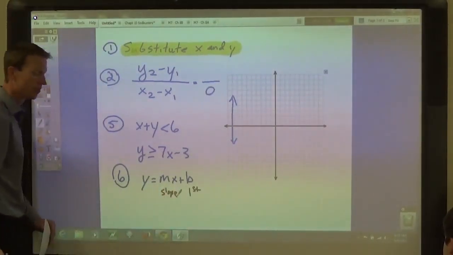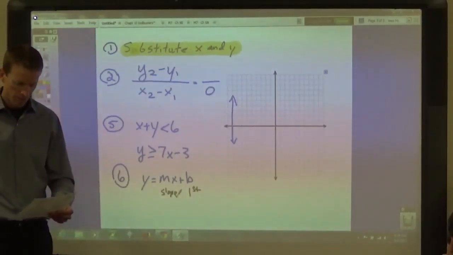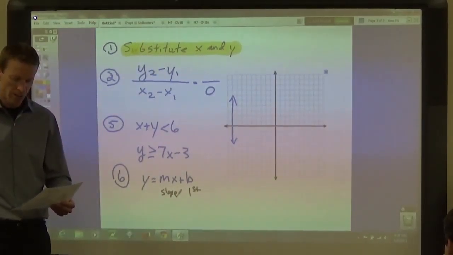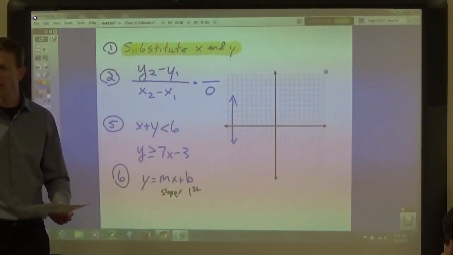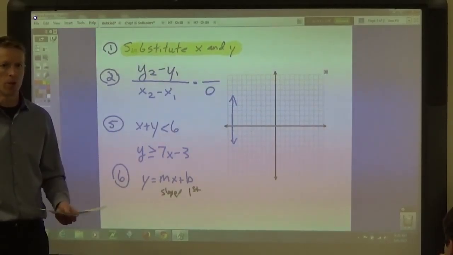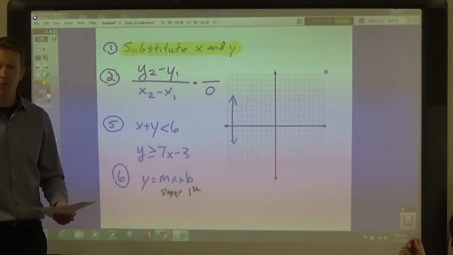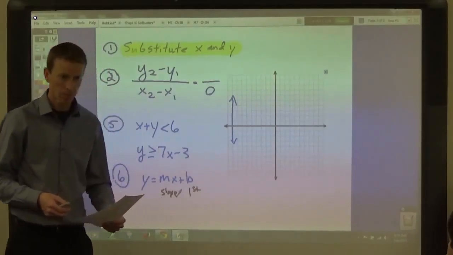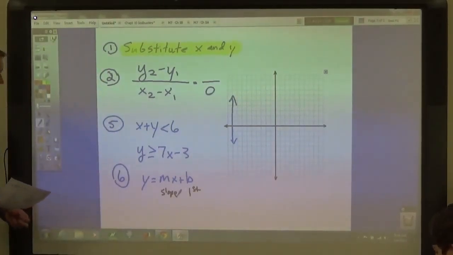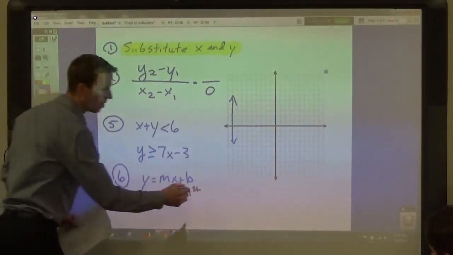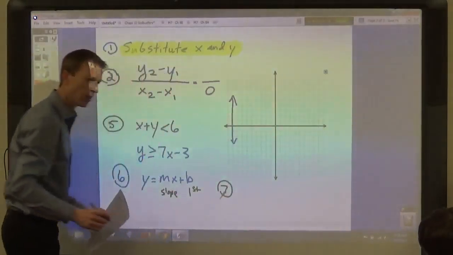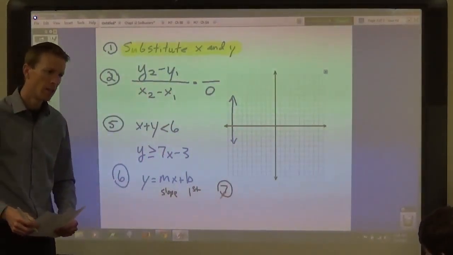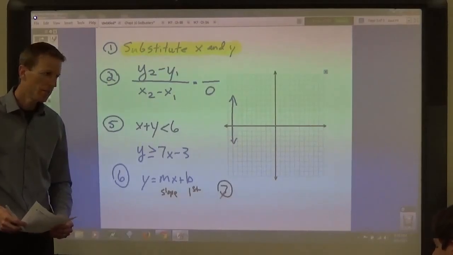Okay? Draw the line. The second one, number 7, is also in y equals mx plus b form, isn't it? What's the difference? Number 7, Dylan? Number 7 is what? Is the equation the same?